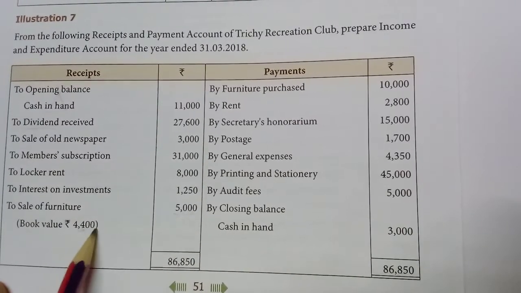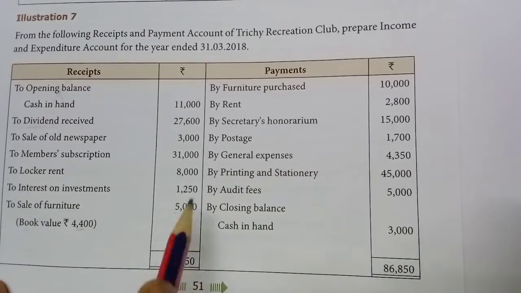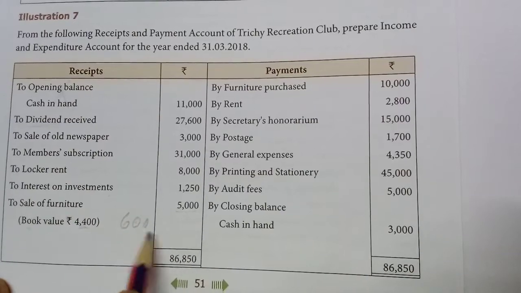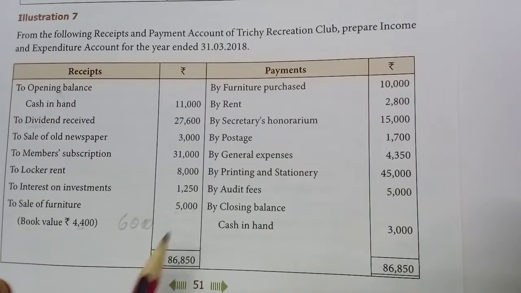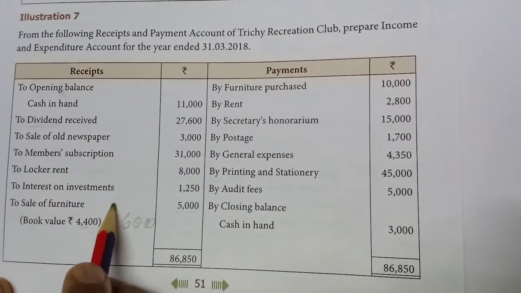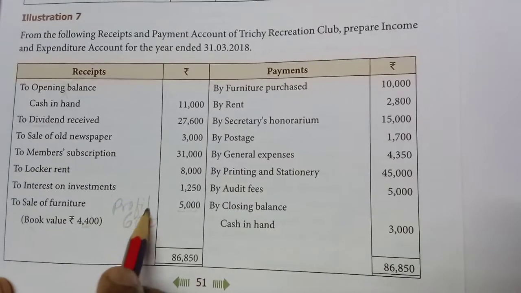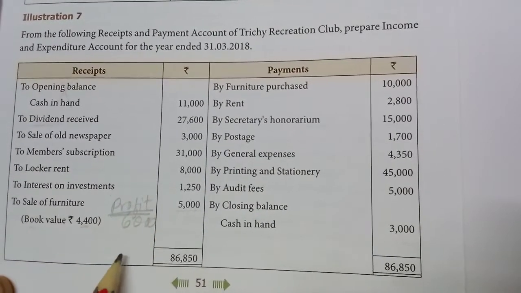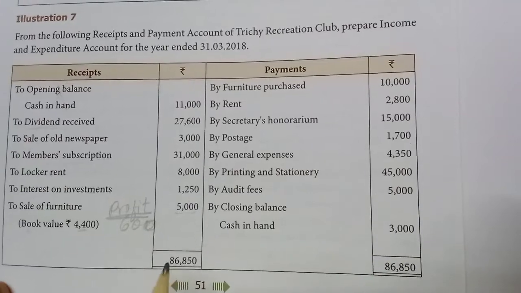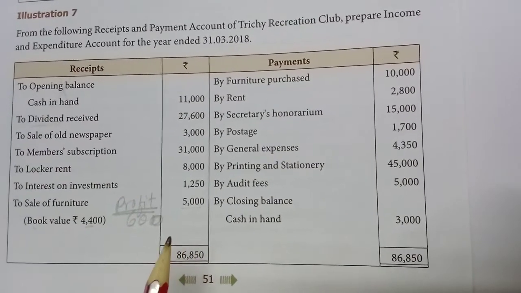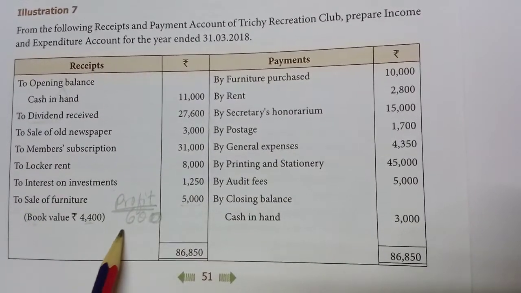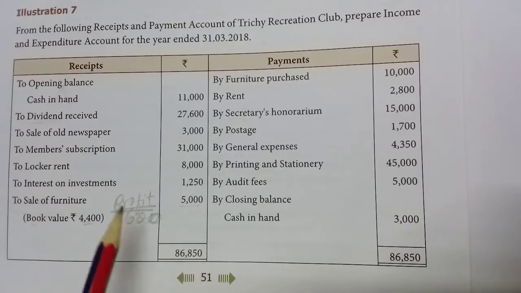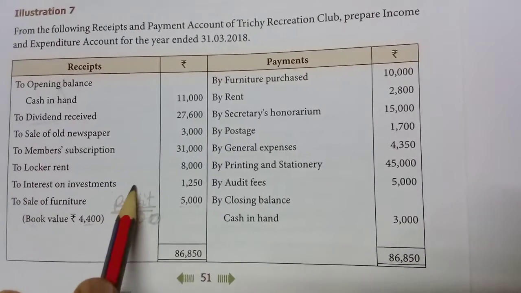Book value is 4,400, so we have sold it for 600 more. That is the profit, 600. That should be taken in the income and expenditure account. Here we can say it as gain.